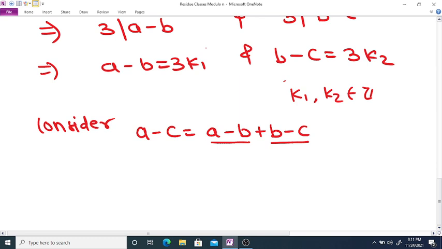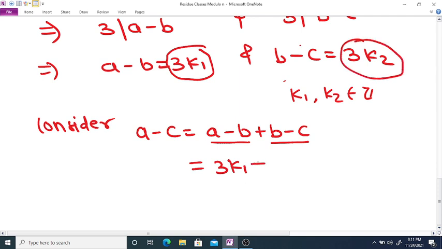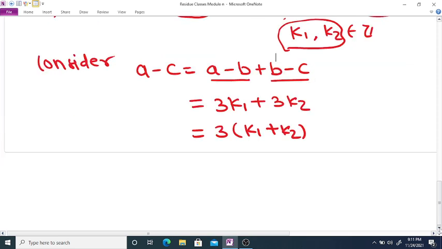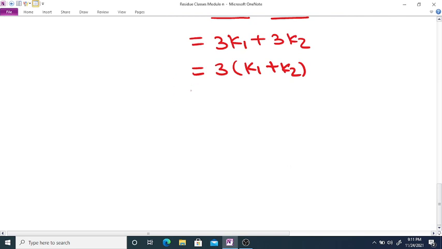The value of a minus b is 3k1 and the value of b minus c is 3k2. So it is equal to 3 times k1 plus k2, but since k1 and k2 are integers, k1 plus k2 is also an integer, so we can write this as 3 times k3, where k3 is equal to k1 plus k2.